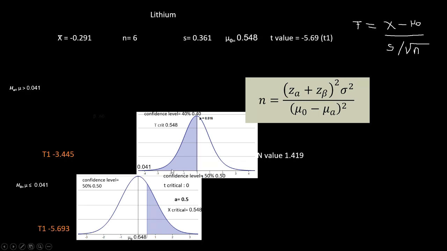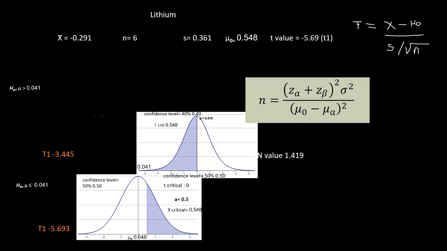So basically, this chart, the upper one, makes no sense. I didn't even write a t value in the upper one because I realized that it doesn't make sense when I was watching more videos.